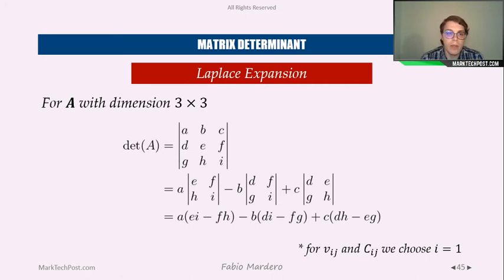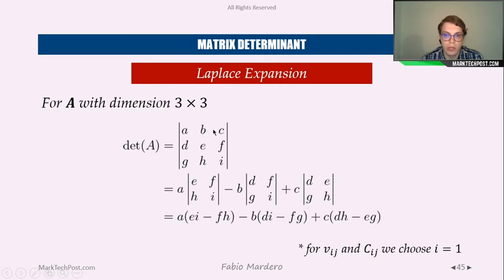We can do more, and we can, for example, compute the determinant of a 3 by 3 matrix. The algorithm is the same. We take here the first row, so we take the A element and we multiply by the determinant of the submatrix, which is this one.